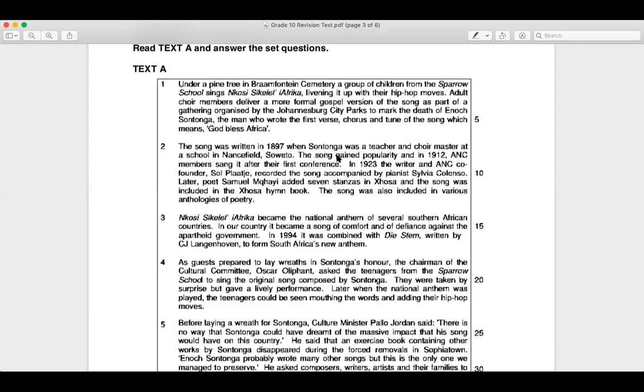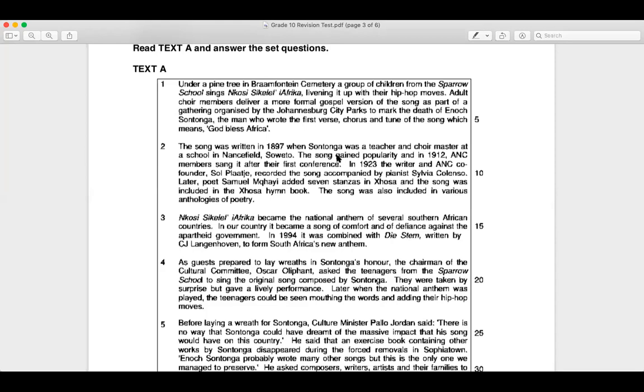Adult choir members deliver a more formal gospel version of the song as part of a gathering organized by the Johannesburg City Parks to mark the death of Enoch Sontonga, the man who wrote the first verse, chorus, and tune of the song, which means God bless Africa.